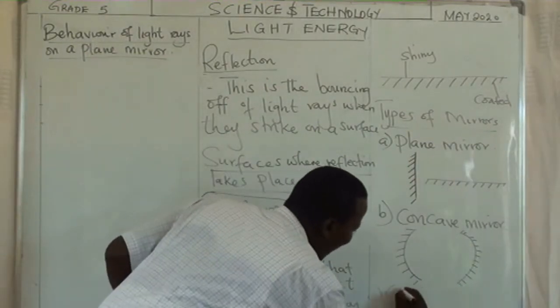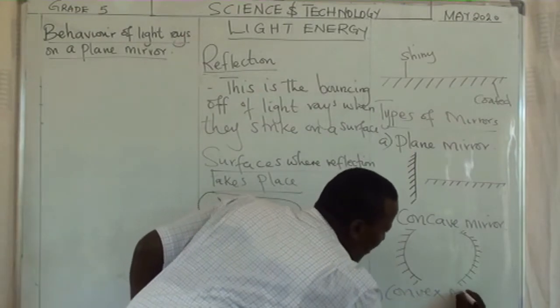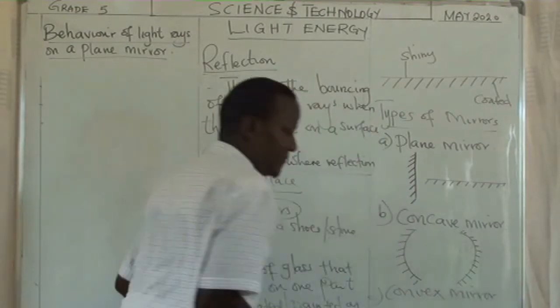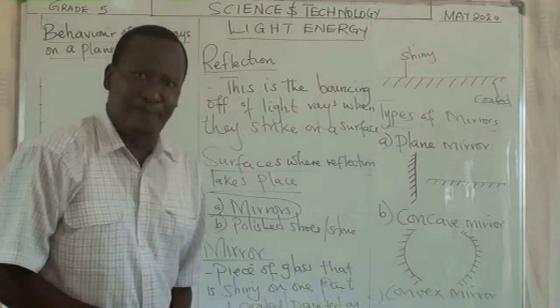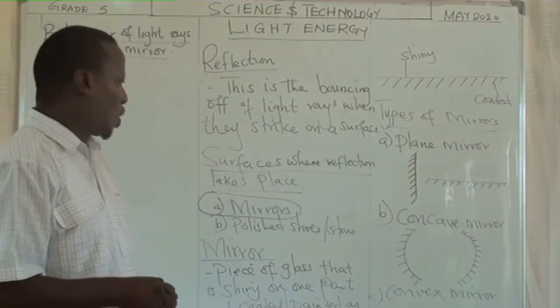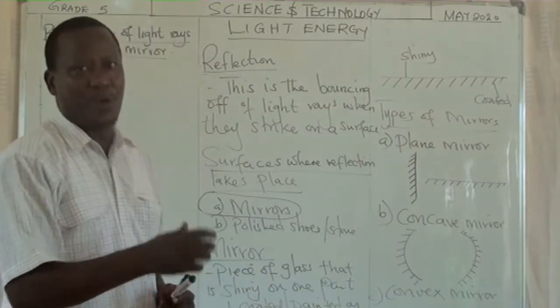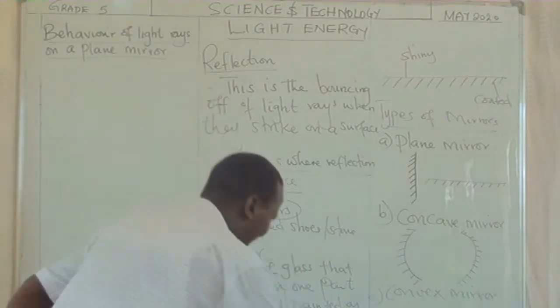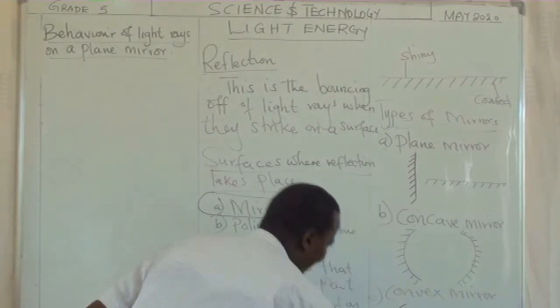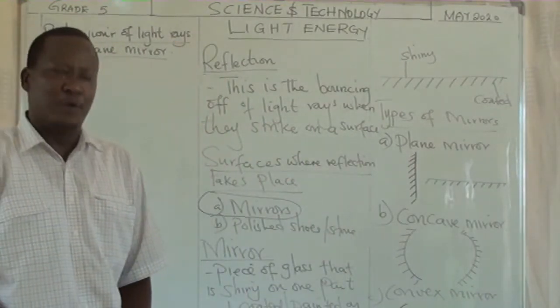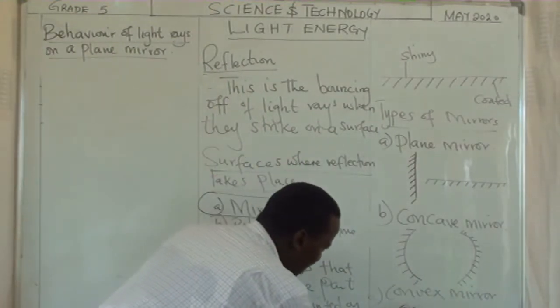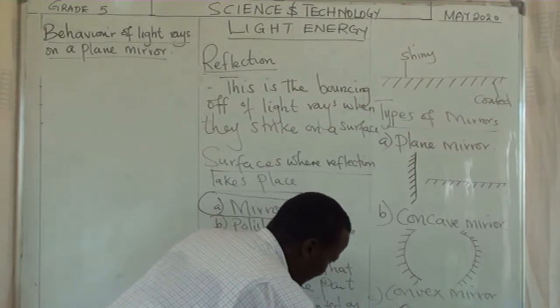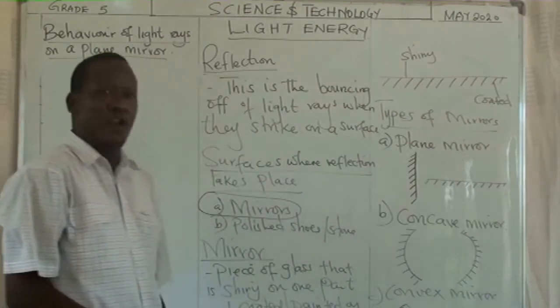Next, we have what we call a convex mirror. The surface that is coated is the one that is bent inwards, and the shiny surface is bent outwards. My diagram is right here. Where do I put the coating? It is supposed to be this inner part here. This one here is a convex mirror.